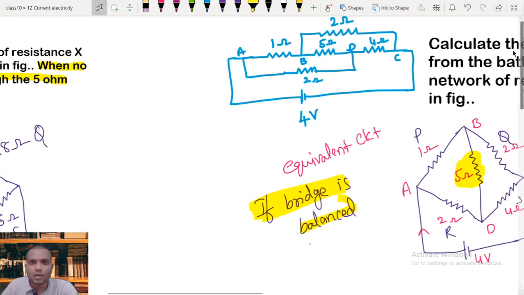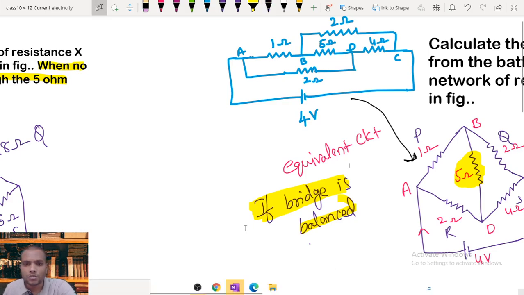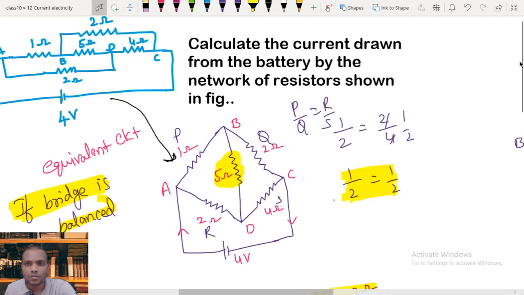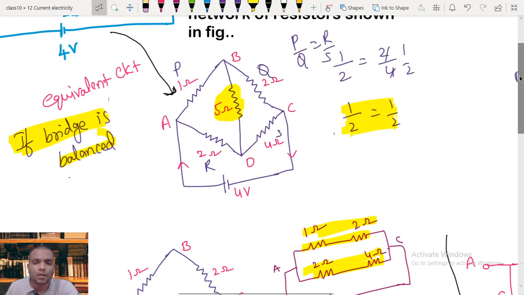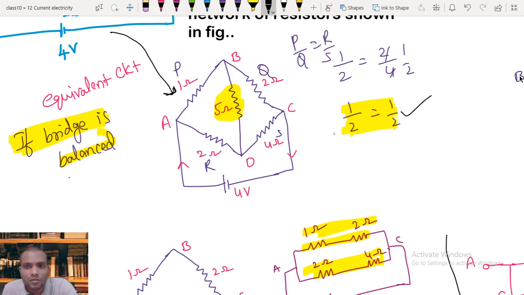See how the network is transformed. This is the given circuit, and it is equivalent to a Wheatstone bridge circuit. How did we come to know the circuit is balanced? We check whether the ratios of resistances are equal or not. The ratios of resistance became equal.